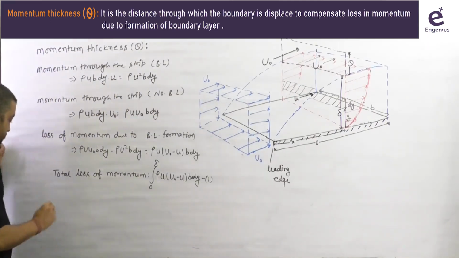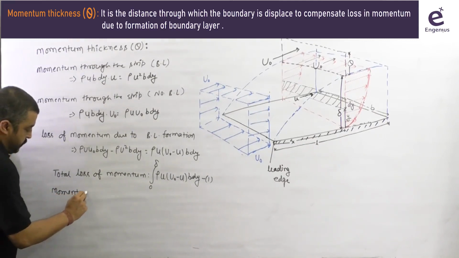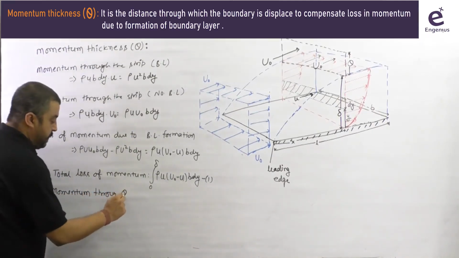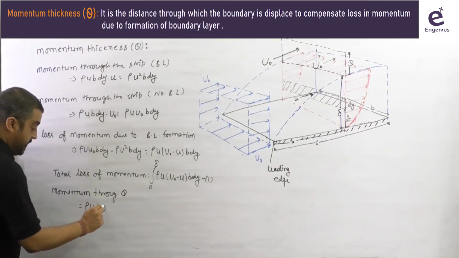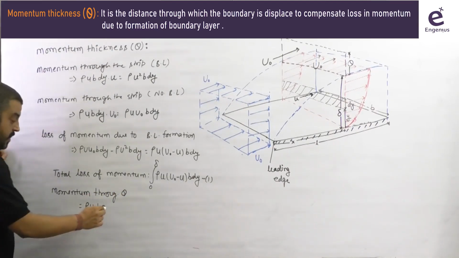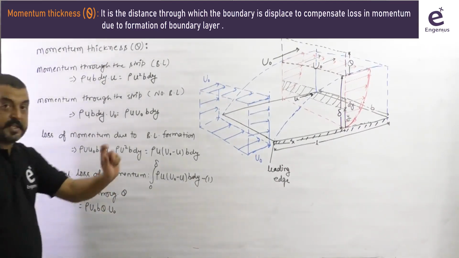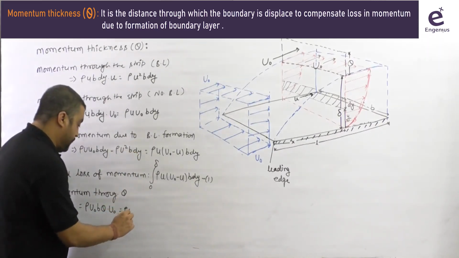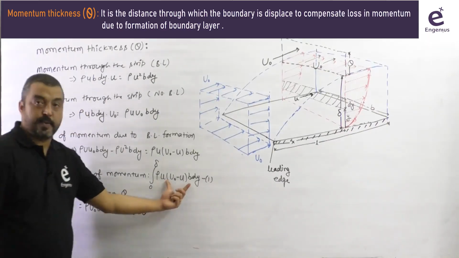So let me say momentum through theta: this is rho u naught b theta, sorry, the mass for it, into u naught. So theta will adjust in such a fashion that this total value is rho u naught square b theta. This will be the exact amount of this one.